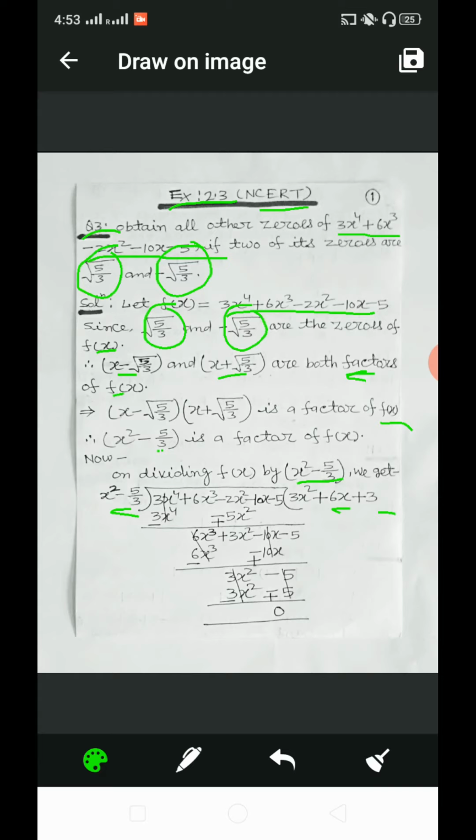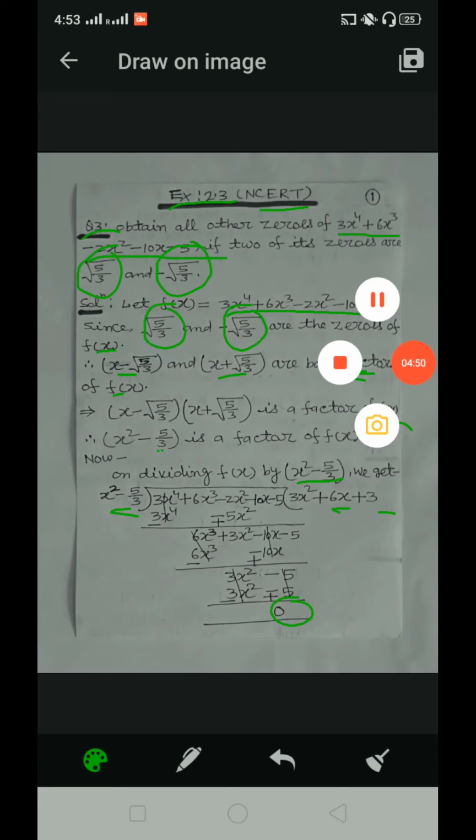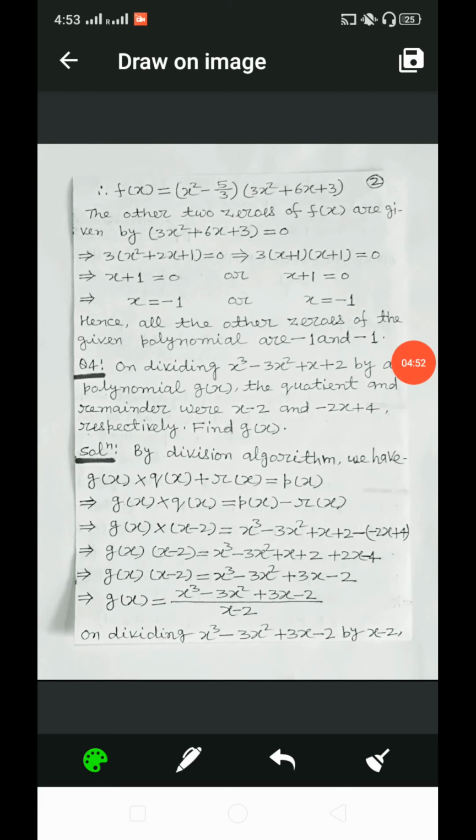Changing the sign of these terms, we get minus 3x square plus 5, and after solving, we get 0. Therefore, f(x) is equal to x square minus 5 by 3 into 3x square plus 6x plus 3.